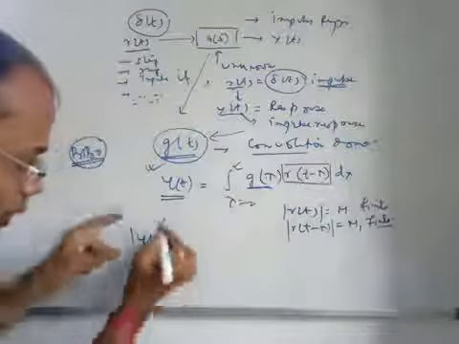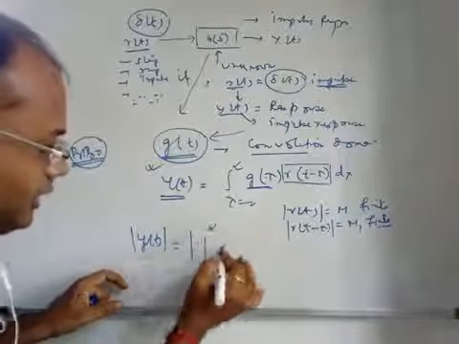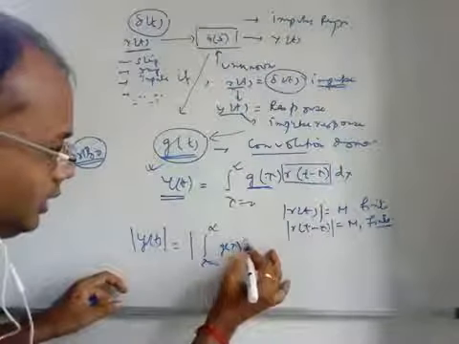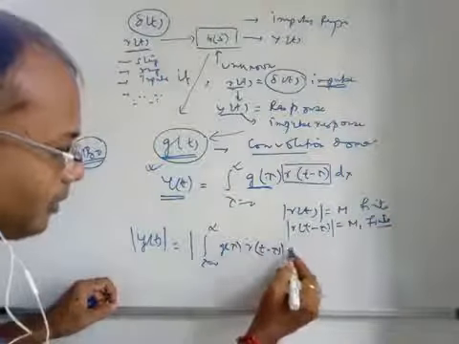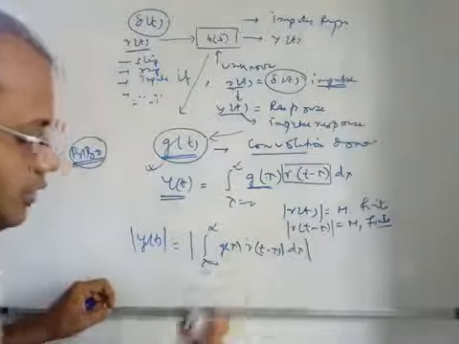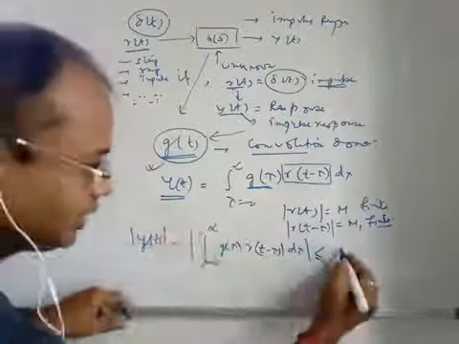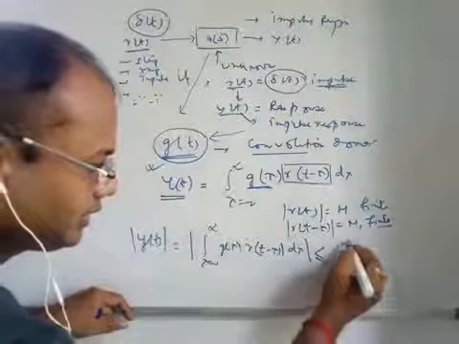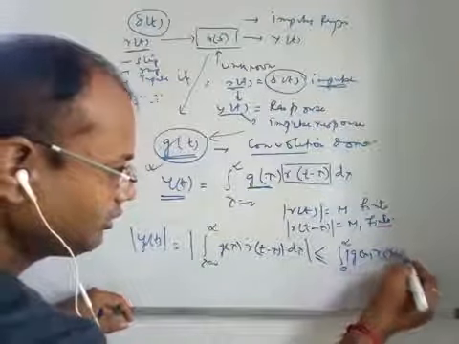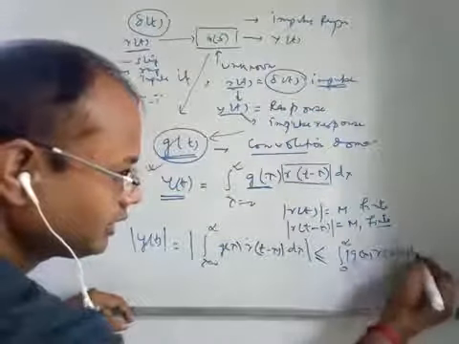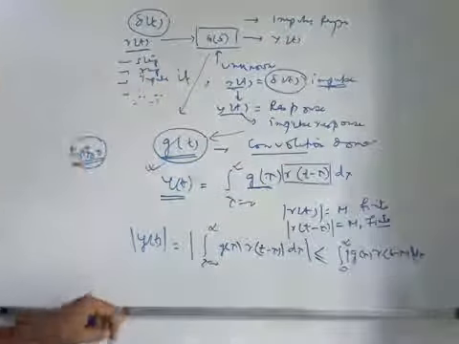So the modulus of y(t) is equal to the integral from tau equal to 0 to infinity of g(tau) r(t minus tau) d tau. You know the relation, this is definitely less than or equal to the integral from 0 to infinity of the modulus of g(tau) r(t minus tau) d tau, right?